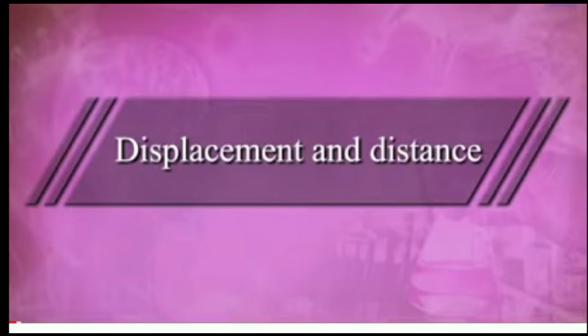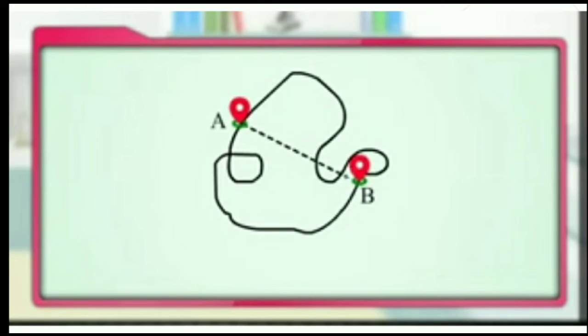Moving to the next topic, displacement and distance. Now look at this picture, children. Measure the distance between the points A and B in different ways as shown in this figure. Now in this figure, point A and point B are two places.